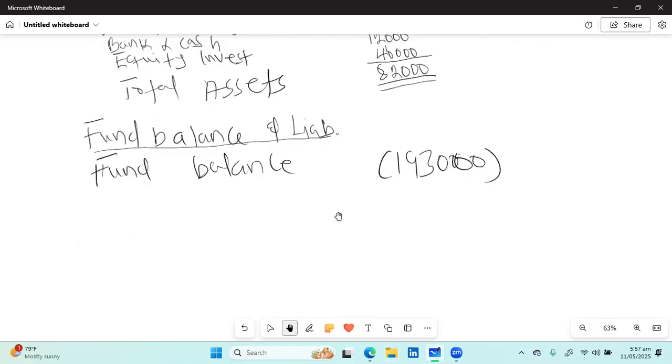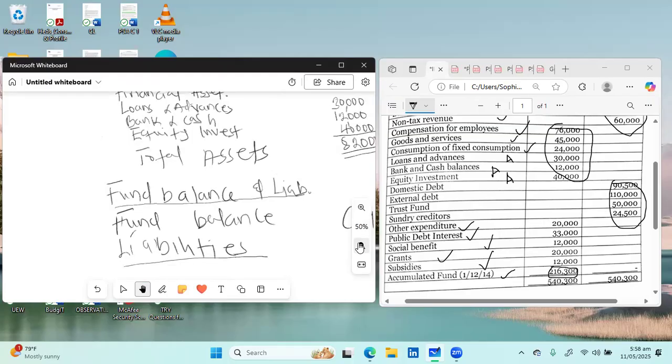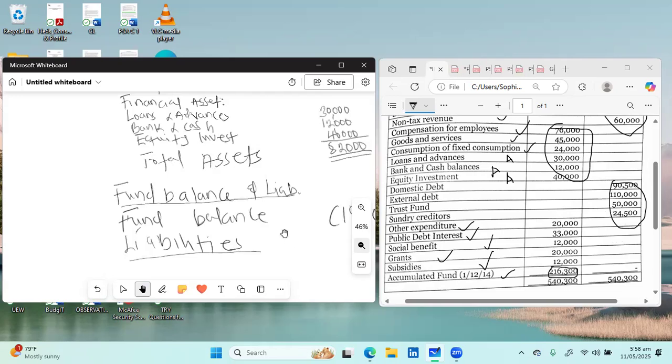Then, obviously, the rest, the liabilities, will come. If we have our fund balance, let's now have our liabilities, with a simple heading like this. Then we go to the question and look for those liabilities. Here, our focus and attention is going to be on the items we haven't taken, that is at the credit side of the trial balance.